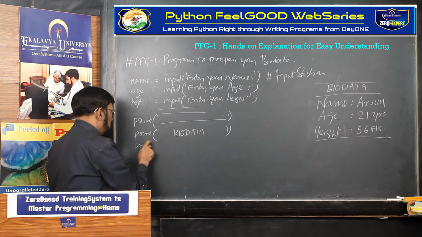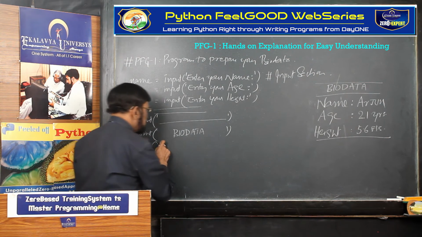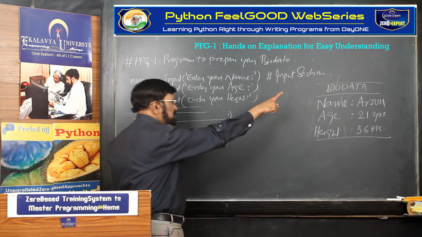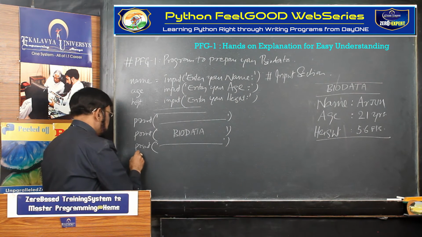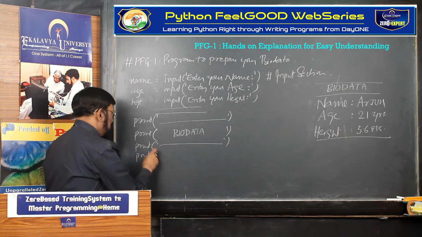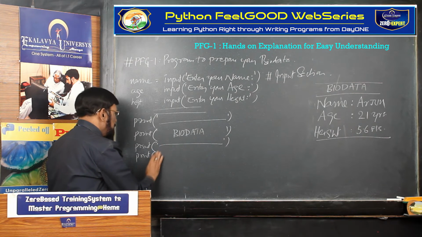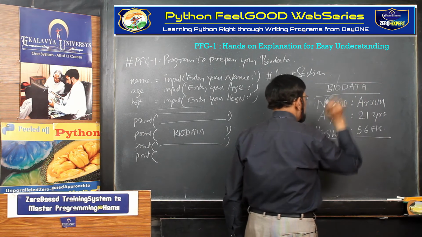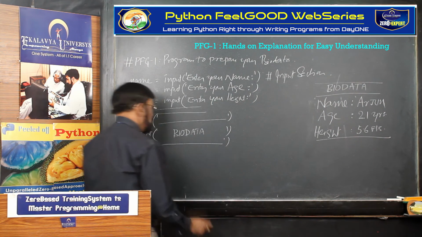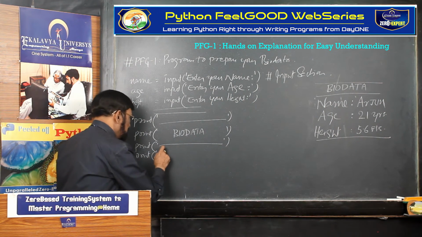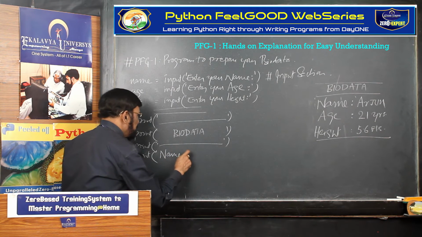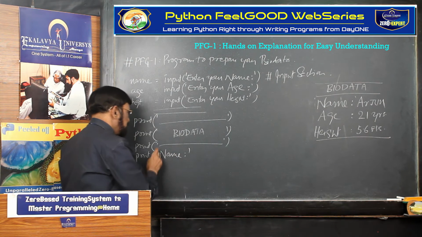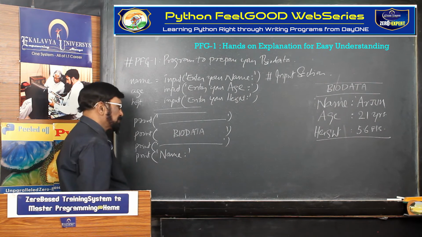Now what happens? Next one more line is there, just with reference to that. Next, print. Here one thing is there. This is label. This is variable. Now label, what is that? Name. This as a string we write.